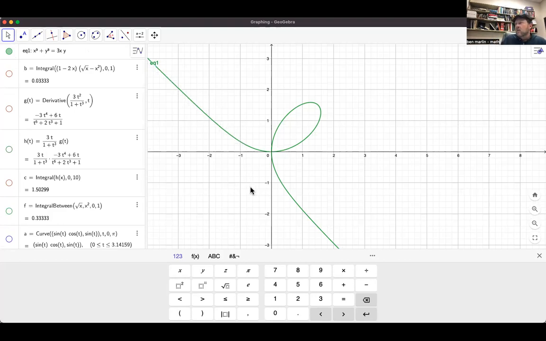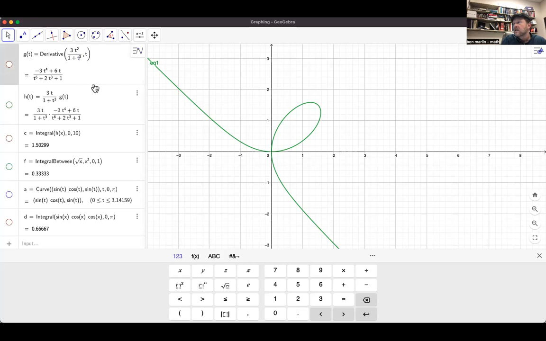And so we're going to want to deal with the parameterization, which is on your paper. And I'm going to come over here and notice that we are going to need to deal with x dy in order to find that area. That means I'm going to have to take the derivative of the y portion.